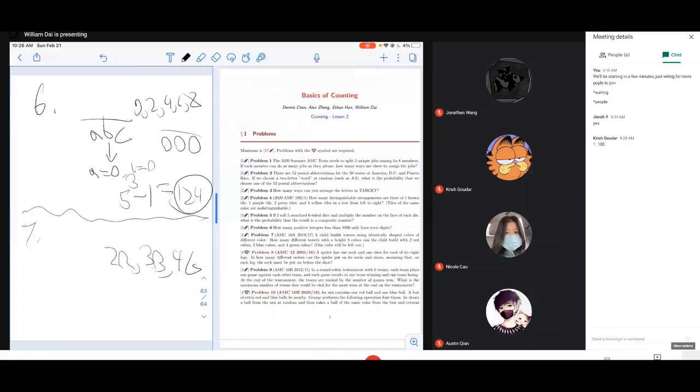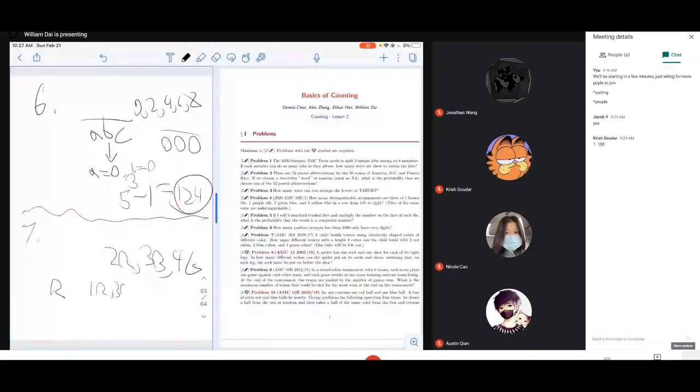Now we're doing casework on which one gets left out. If a red gets left out, then we have one red, three blues, and four greens.